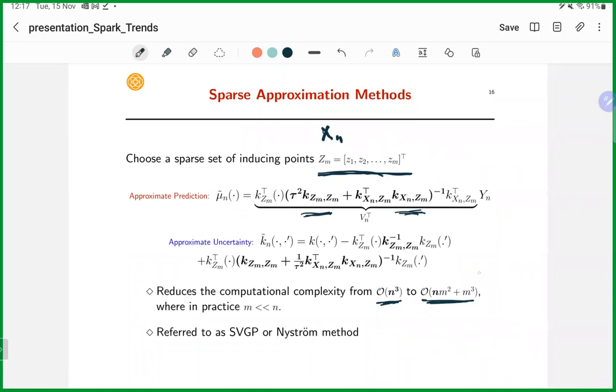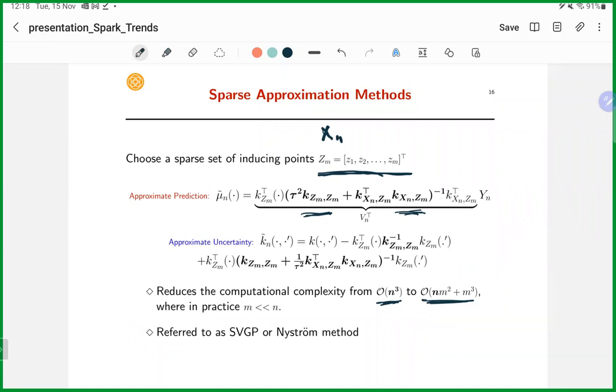And there's an additional n m squared, which if m is sufficiently small is basically order of n, a significant improvement in the computational complexity of kernel models. So without really aiming at memorizing or grasping what these formulas are, I will try again to intuitively explain a bit this approximate prediction and approximate uncertainty estimate.